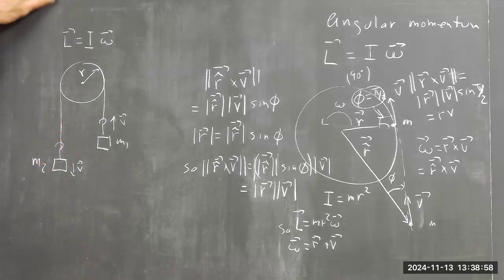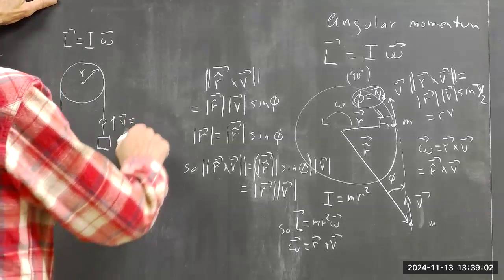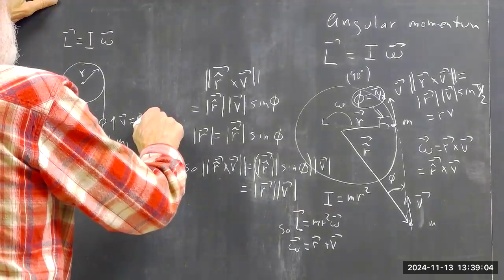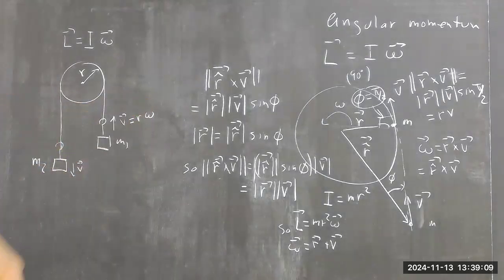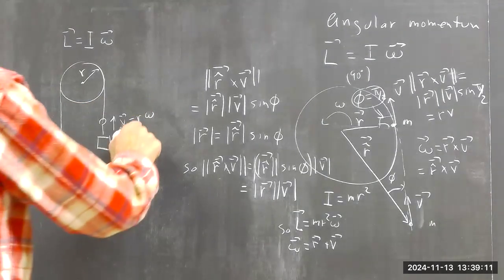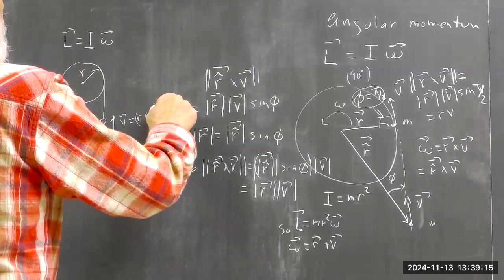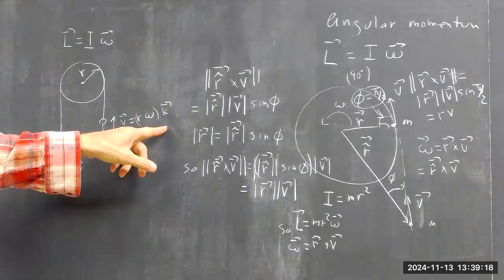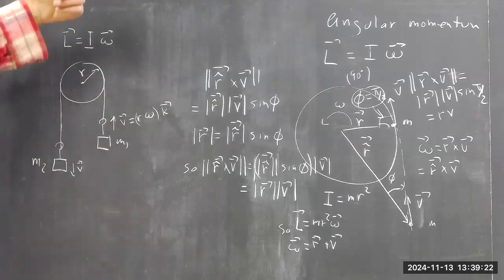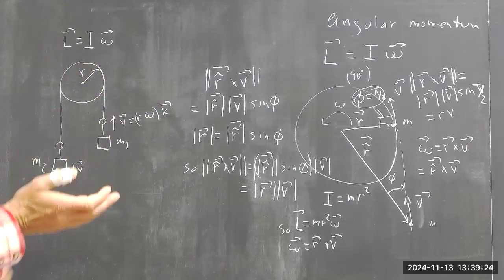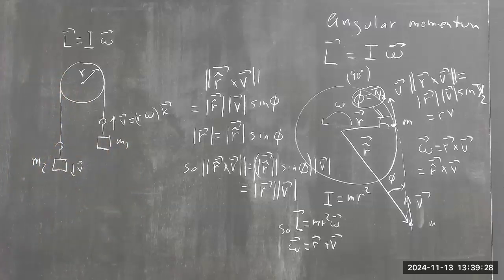And of course, v equals r omega, without the arrow over it, times the k vector, assuming an x, y coordinate system here, then z is in this direction.